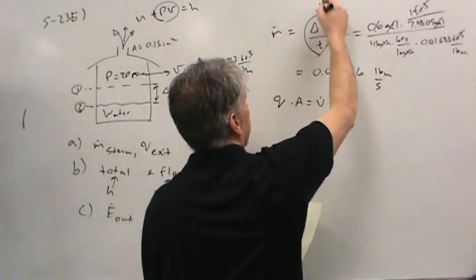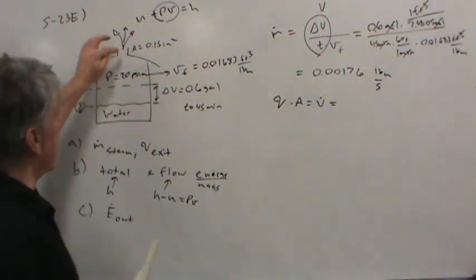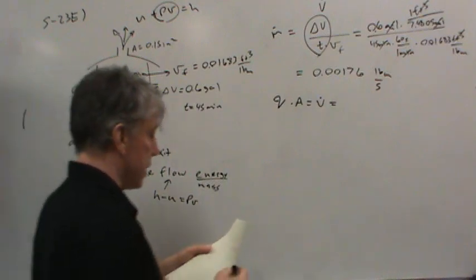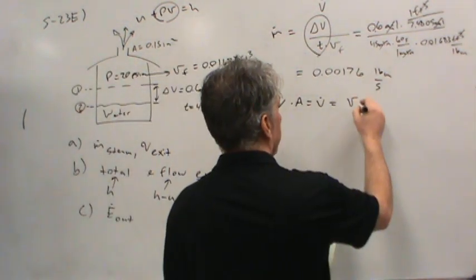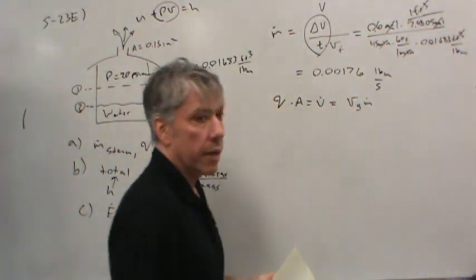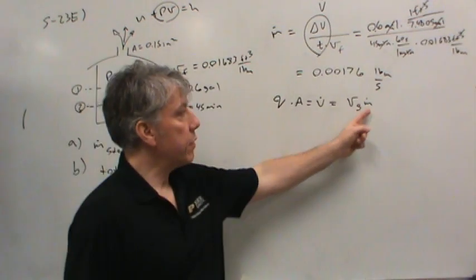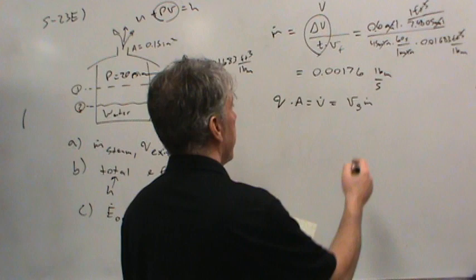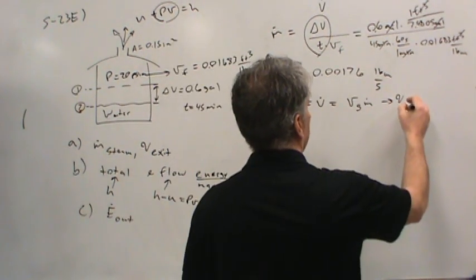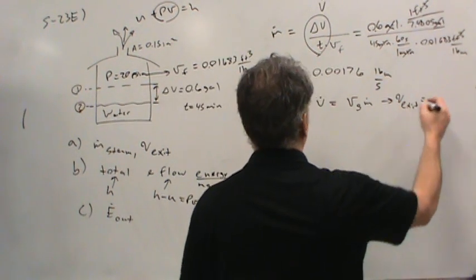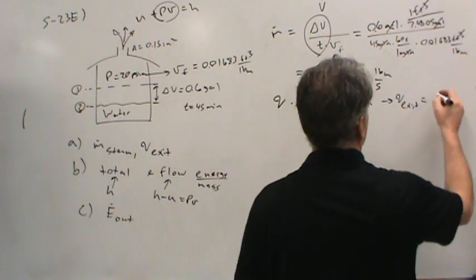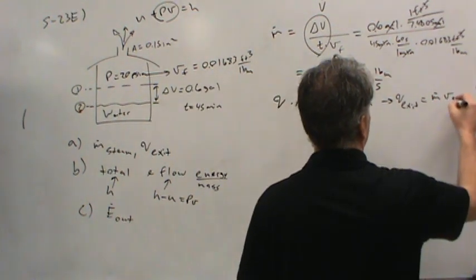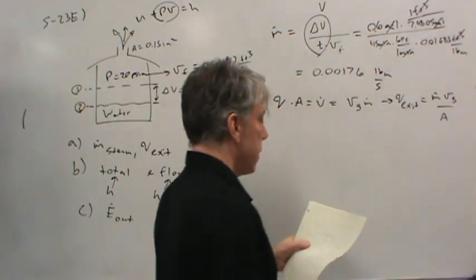It's not that V dot, because this is at the exit, and at the exit steam is leaving. So I need to multiply the mass flow rate by the specific volume of the steam. So if I rearrange this to solve for the velocity at the exit, all I need to do is take the mass flow rate times the specific volume of vapor divided by area.